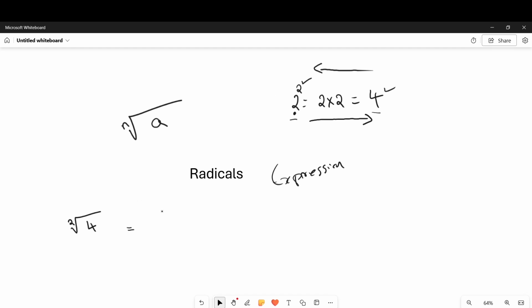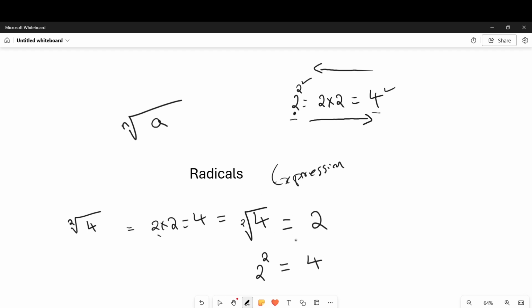We can say that 2 times 2 is 4, so the base value is 2. So the square root of 4 is 2. And in other words, 2 to the power 2 is 4.